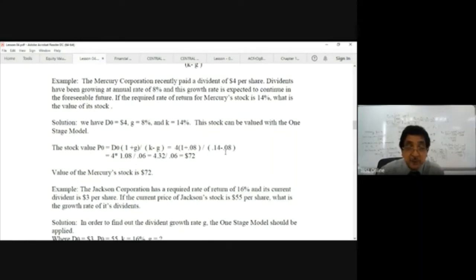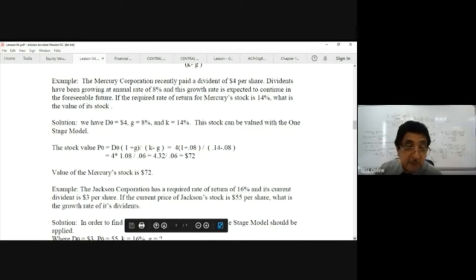So 0.14 minus 0.08 comes to 0.06. Then in the numerator, you get 4 into 1.08. And when you work it out, you get the answer as $72. So the stock value is $72.